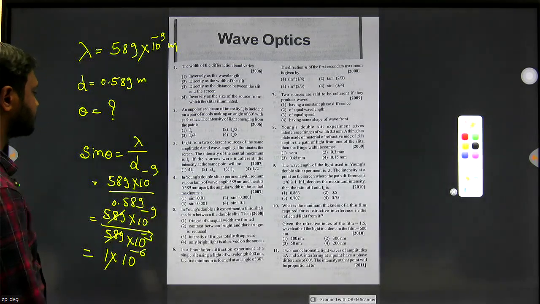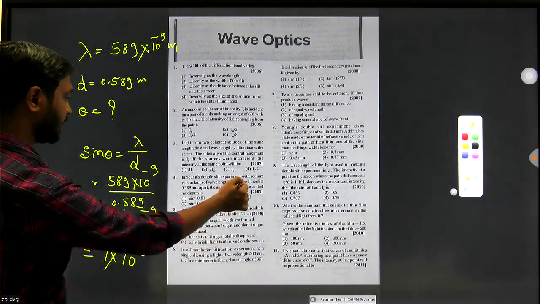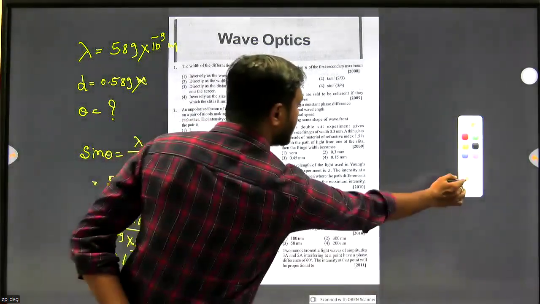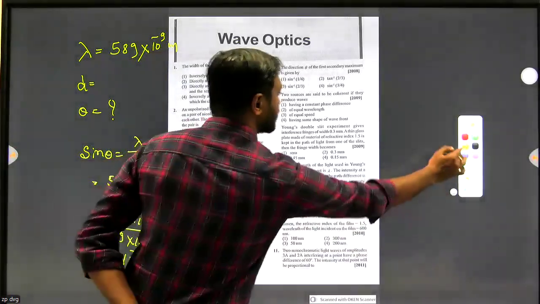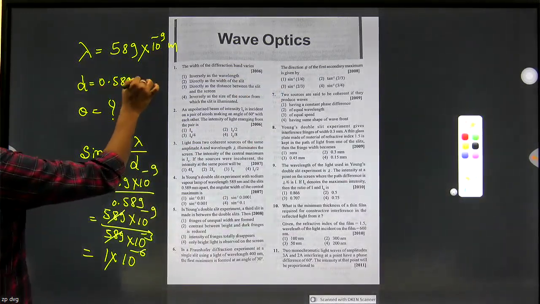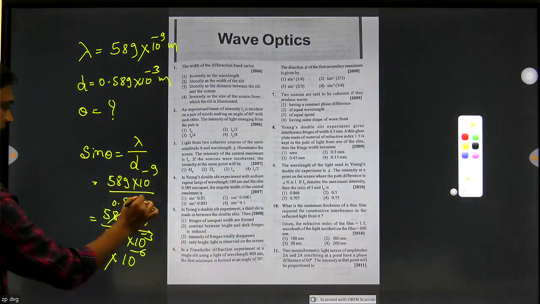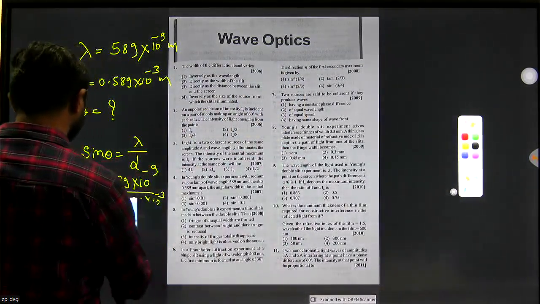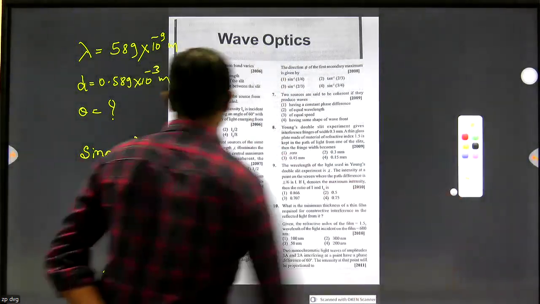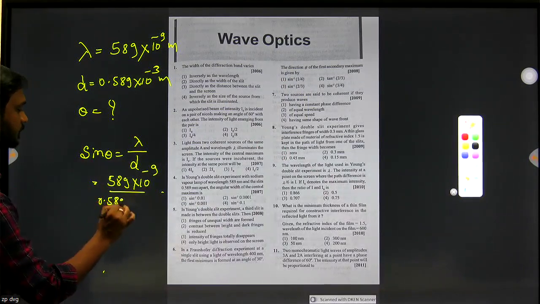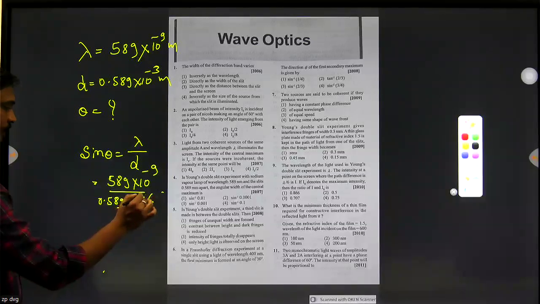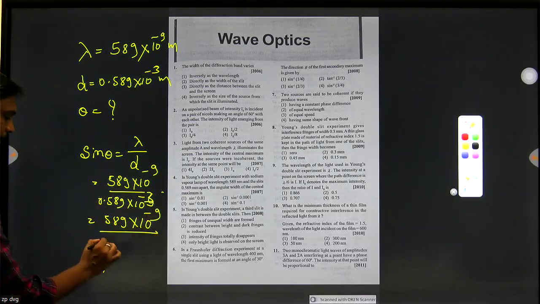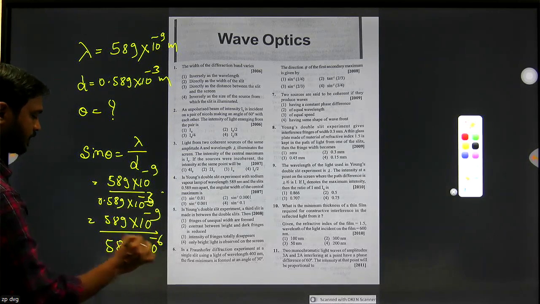Then what is the value of d? It is 0.589 millimeter, that is 10 to the power of minus 3 meter. So 589 into 10 to the power of minus 9 over 589 into 10 to the power of minus 6, this one gets cancelled.